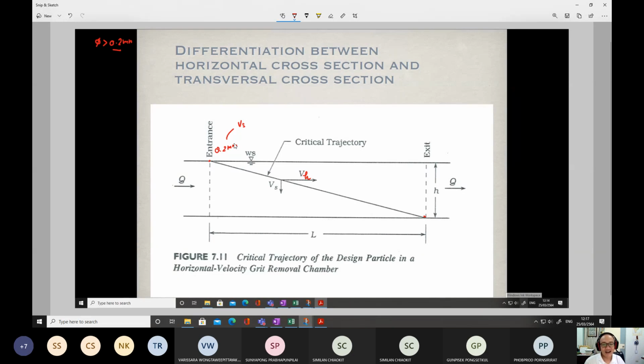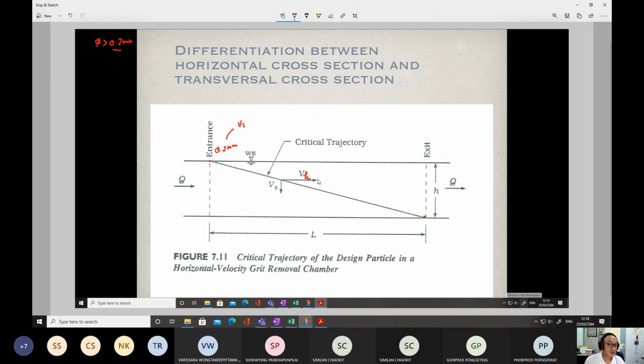Okay, anyway, the trajectory line is the resultant of the settling velocities and the horizontal velocities. Just imagine the particles. The particle wants to move down to the bottom, and the velocity of the particle settling to the bottom is Vs. But on the other hand, as the water flows horizontally with the velocity Vh, these particles also travel along with the water.